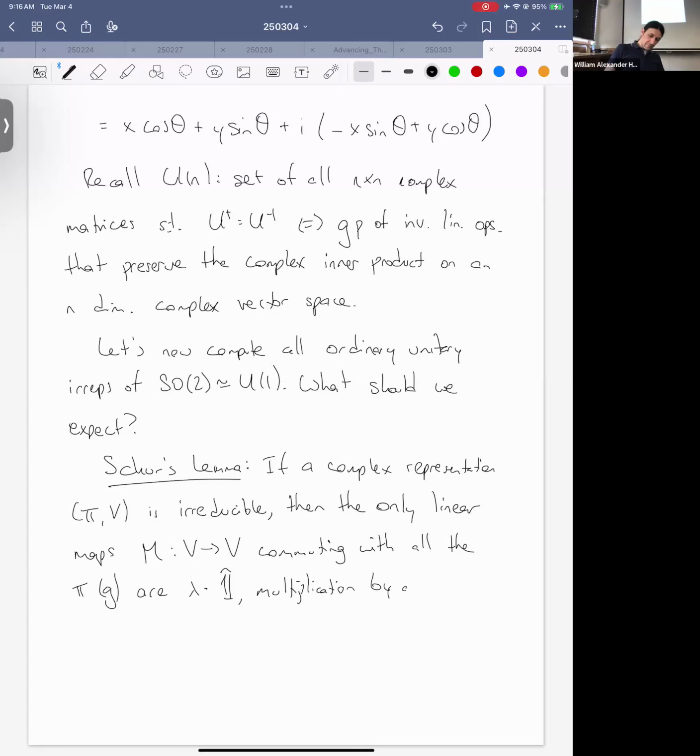Multiplication by a scalar. So this is a very restricting property for irreducible representations.